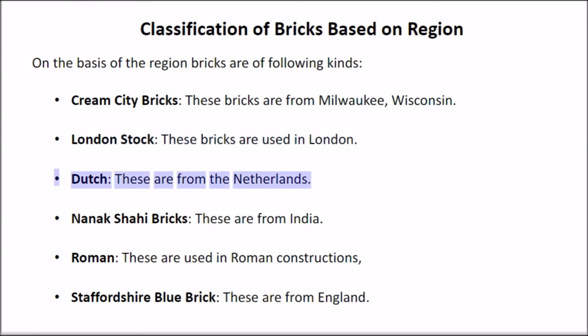Dutch. These are from the Netherlands. Nanak Shahi bricks. These are from India. Roman. These are used in Roman constructions. Staffordshire blue brick. These are from England.